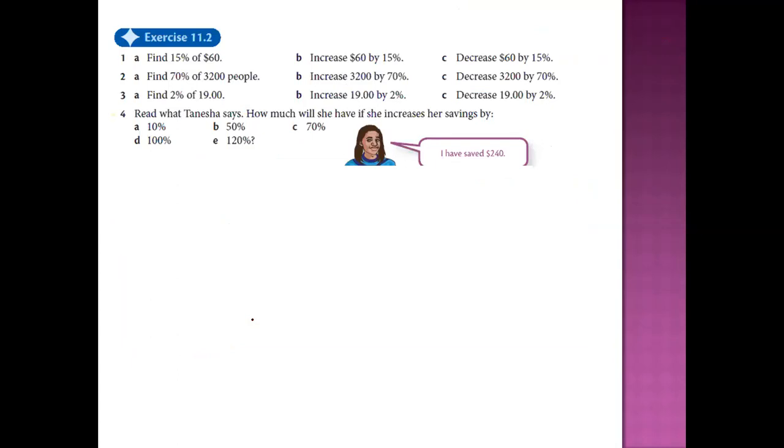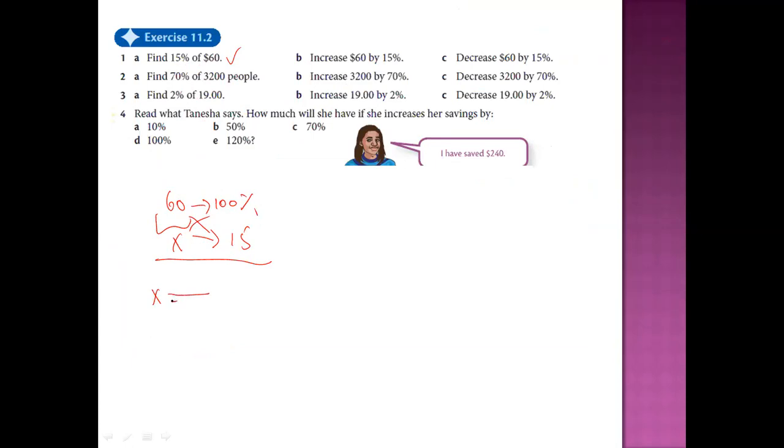And for the next questions, we have the examples of 11.2 also. We are going to solve one of them. Let's begin with the first question. Find 15% of $60. Of course, $60 is the whole number, our 100%, and we need 15% of 60. You can use the cross production.